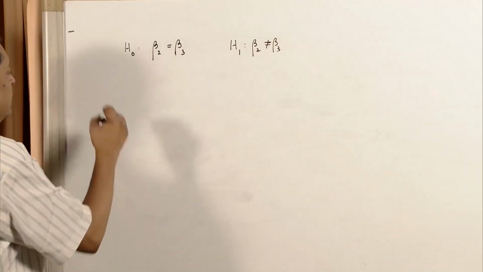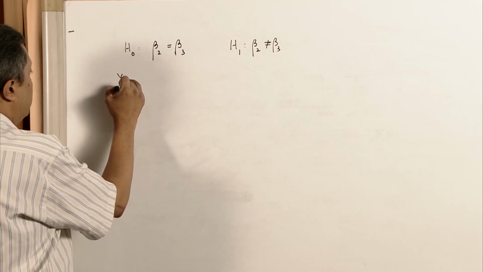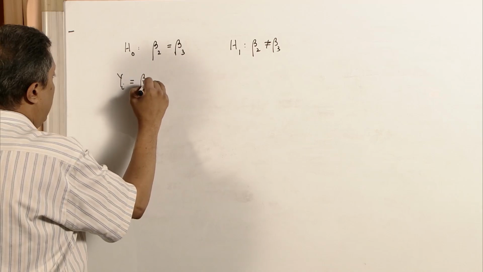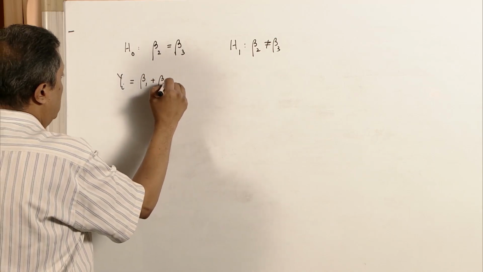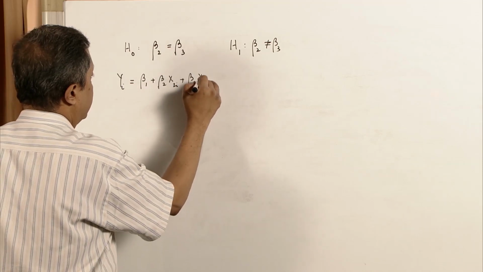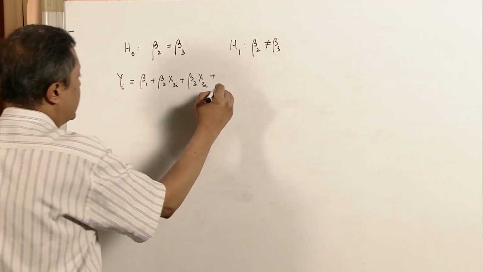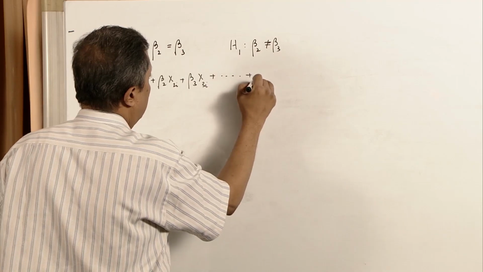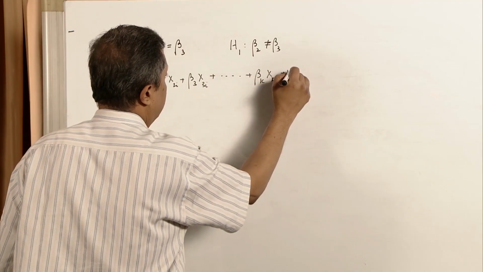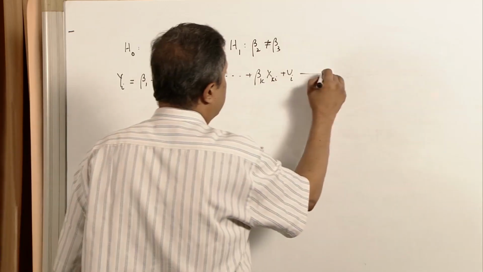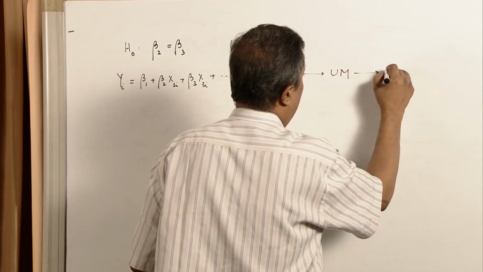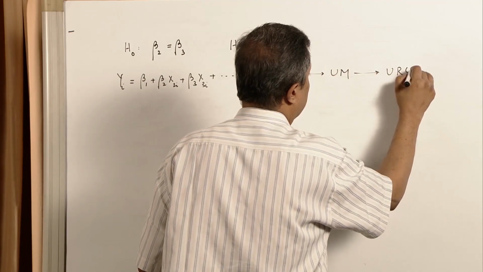So, what is the basic model? Yi is equal to beta 1 plus beta 2 x 2i plus beta 3 x 3i, and let us consider the general model, up to beta k xki plus ui. That is the unrestricted model that gives us the unrestricted residual sum of squares.